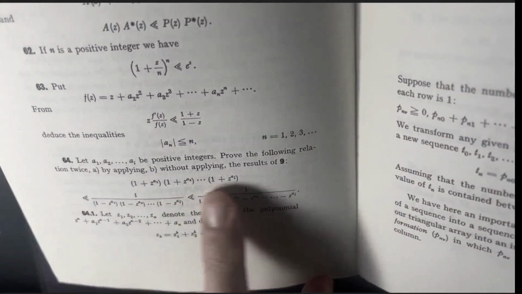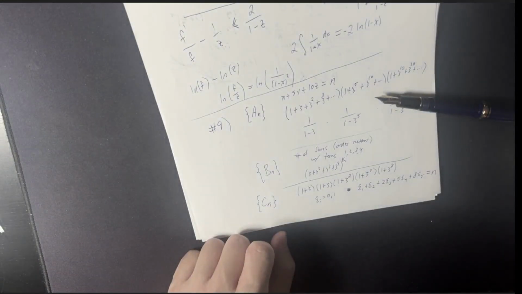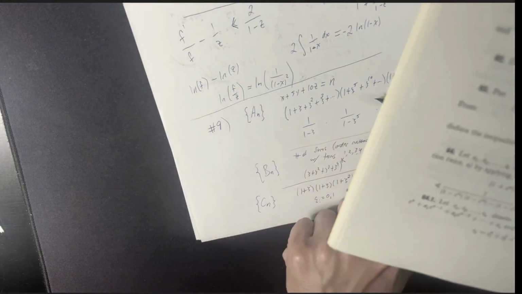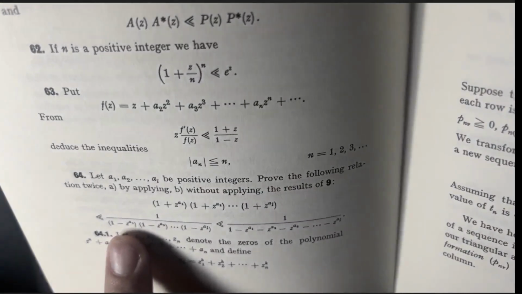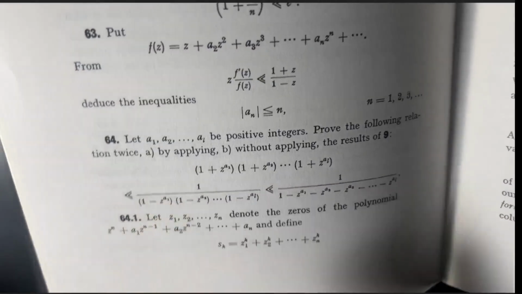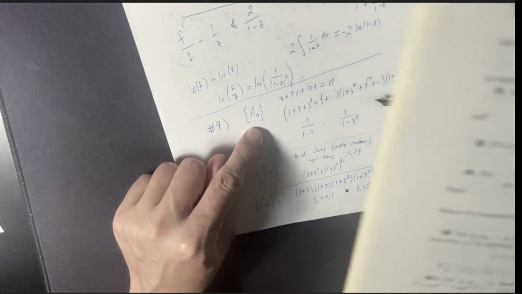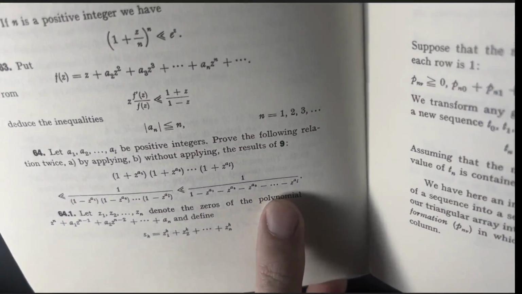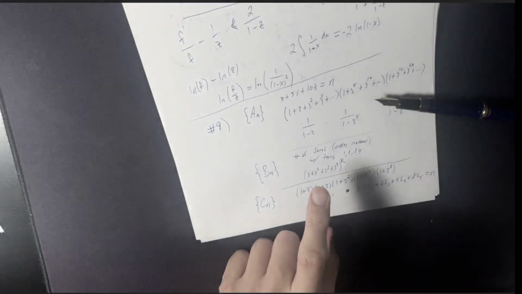So the first case is the Cn's. The second case looks like 1 over 1 minus z to some power, where the power is like the weight that you're using. So this product is the generating function for A. And then the last one is 1 over 1 minus a big sum, a lot like this.